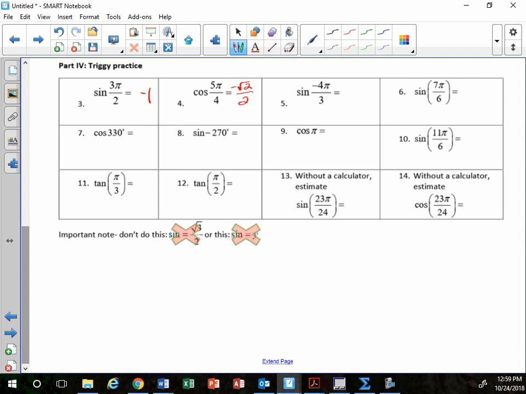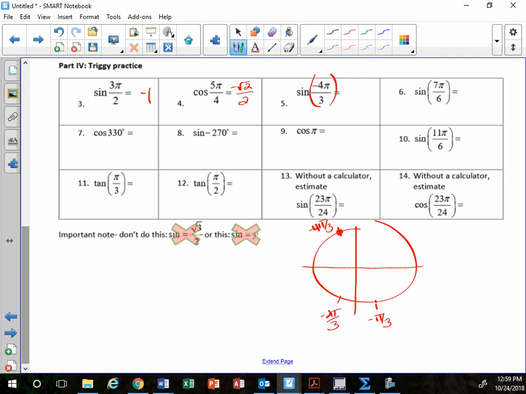All right, and let's do 5 together because it's got a negative. Should really have that in parentheses. So the sine of negative 4 pi over 3. That just means you're going backwards around the circle. So this is negative pi over 3. This is negative 2 pi over 3. This is negative 4 pi over 3.